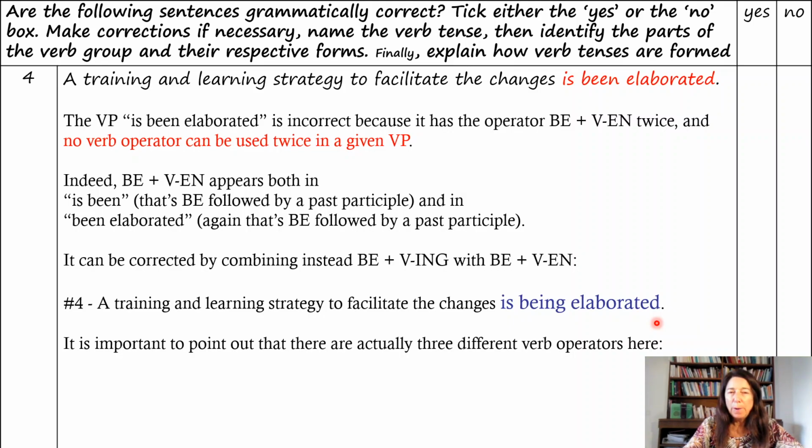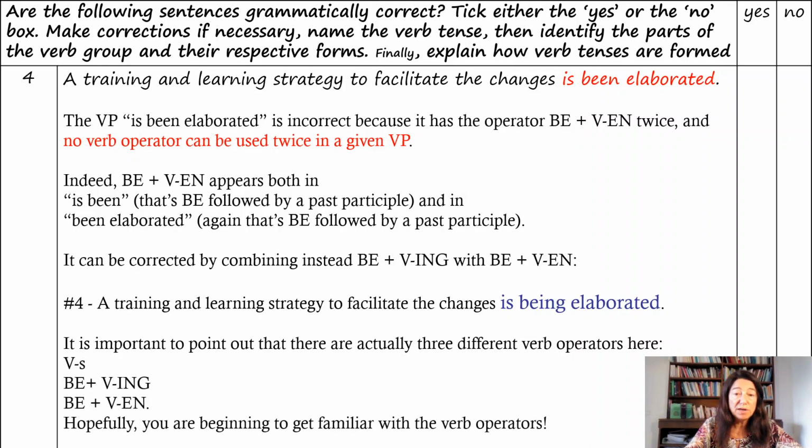Okay, so we have seen already quite a few verb operators and their symbols. So let's point out that in this verb phrase, this VP, there are three different verb operators.